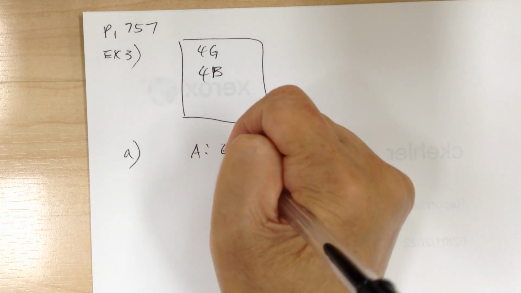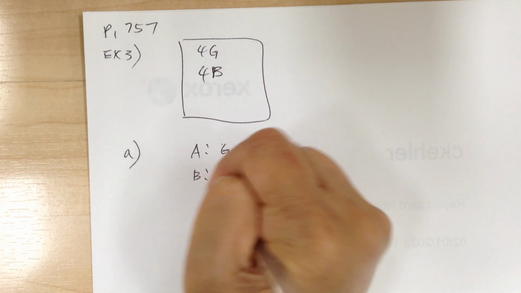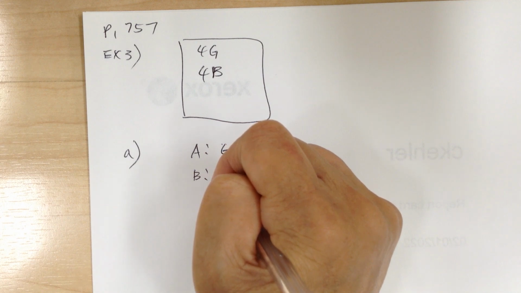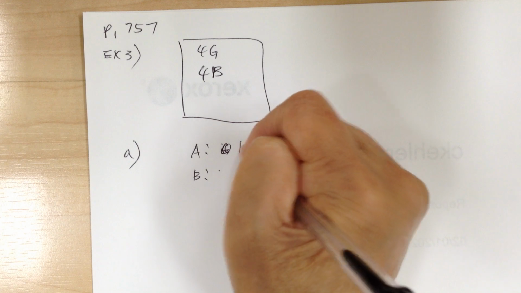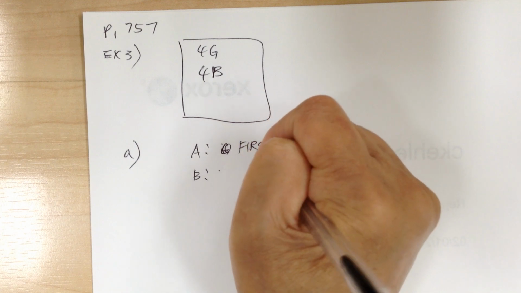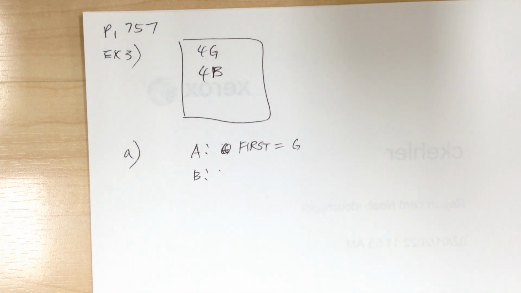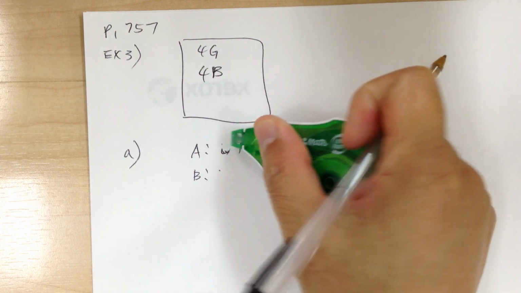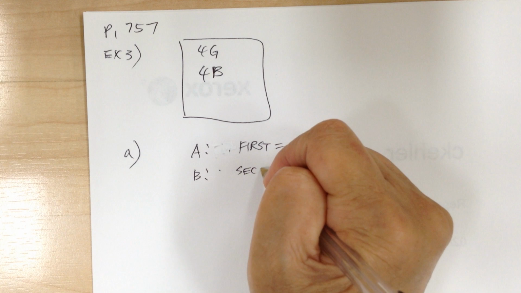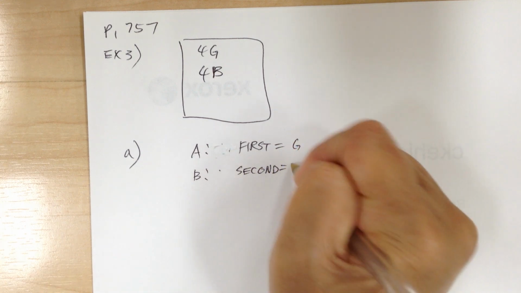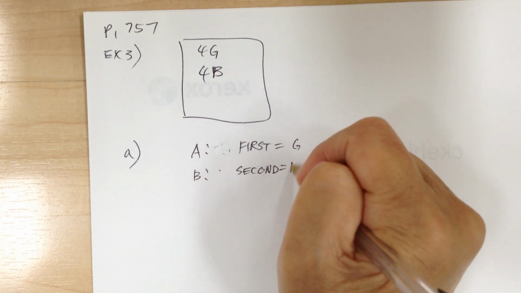A is the first equal to green, and B is the second button is blue.